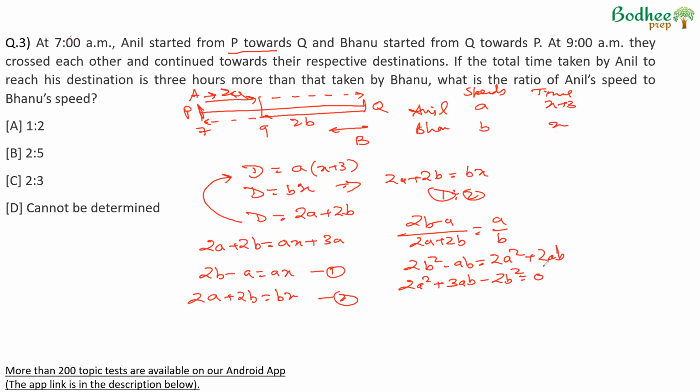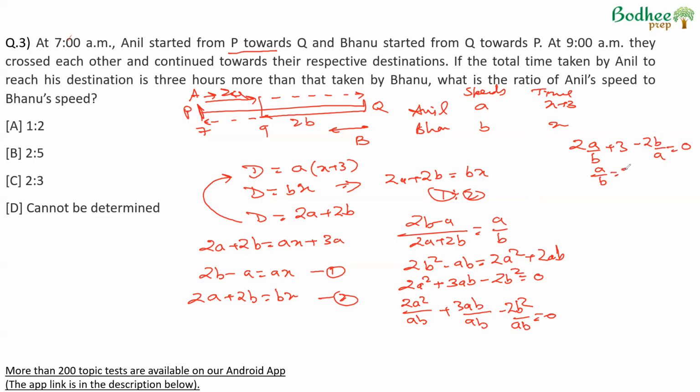If we divide the entire thing by AB, we will get 2A square by AB plus 3AB by AB minus 2B square by AB is equal to 0, which becomes 2A by B, plus 3 minus 2B by A is equal to 0.